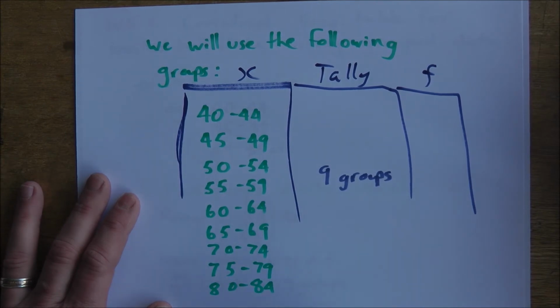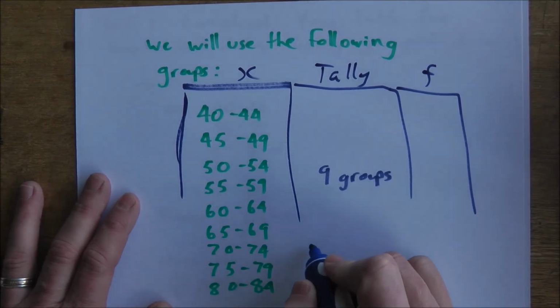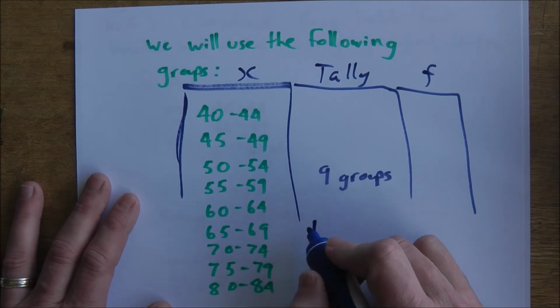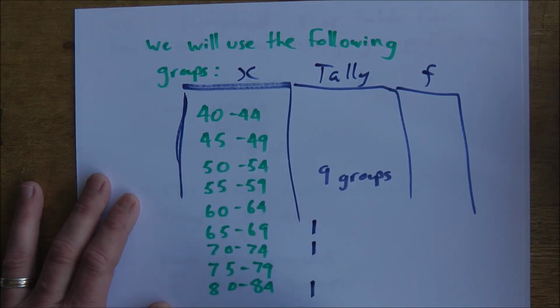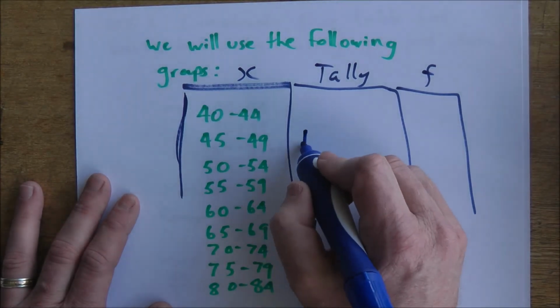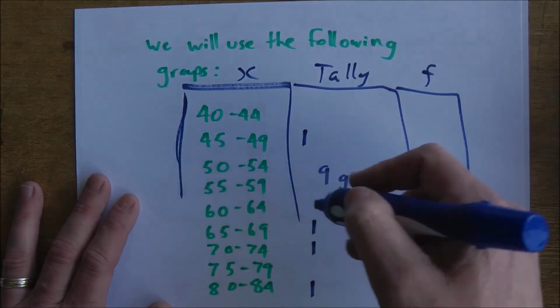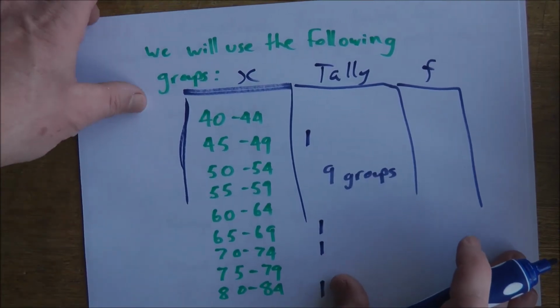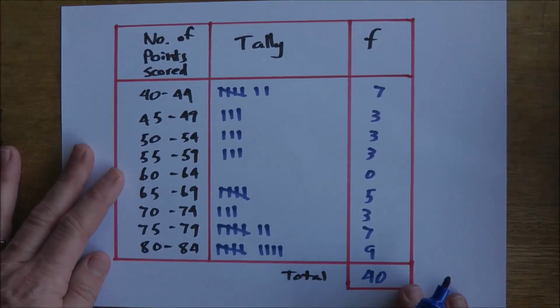The first number is a 73, that's in this group here, so we put a little mark there. The next one's 84, that's in that category there. The next one's 68, that's in that group there. The next one's 45, fits in that one there. And you keep going until you've gone through all the data. What you end up with is something just like that.